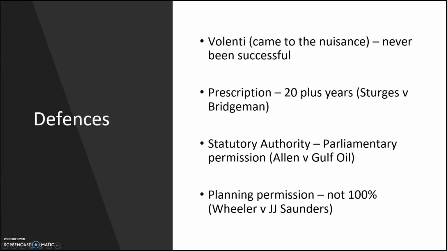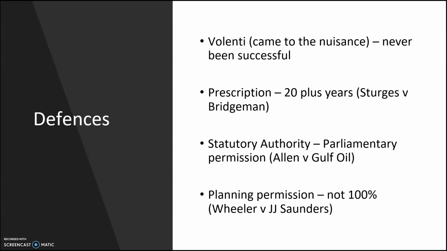Prescription. Prescription is a defence that basically says you've been doing the nuisance for 20 plus years, so therefore you have the right to continue doing it. That generally should be quite clear in a scenario, because it would have to indicate that it's been going on for an amount of time. The key thing to remember with this one, though, is the 20-year period starts only when someone could have been affected by the nuisance.